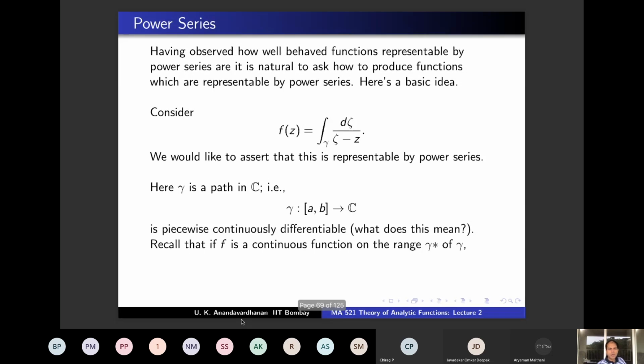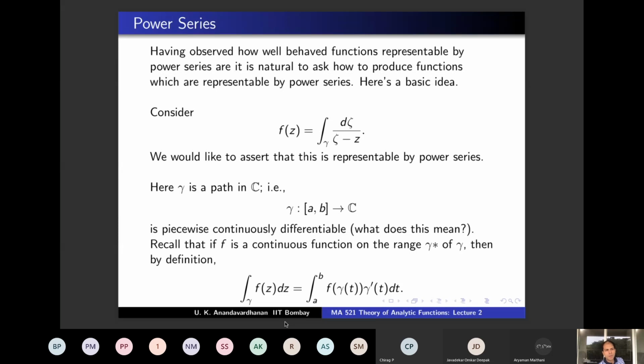Then you call it a path, and if you have any function f on the range of the path, so gamma of [a,b], Rudin's notation is gamma star, we will follow Rudin. So gamma star is just gamma of [a,b], the range. If you take any continuous function on the range, then by definition, the integral over gamma of f(z) dz is the integral from a to b of f(gamma(t)) gamma prime(t) dt, where dt is the usual Lebesgue measure on the interval [a,b].